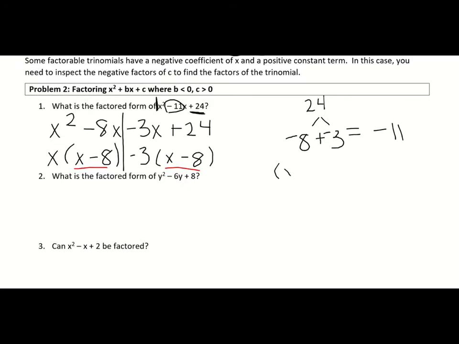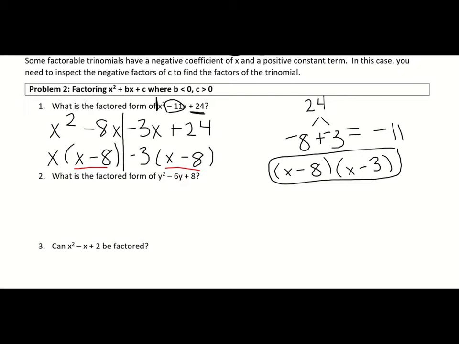So that's my first binomial, x minus 8. And then x and negative 3 from the outside make my second binomial. So since it was negative 3, this one is x minus 3. Again, once you get your answer, multiply it back out. Make sure it does, in fact, give you what you started with. If it doesn't, it's not correct.